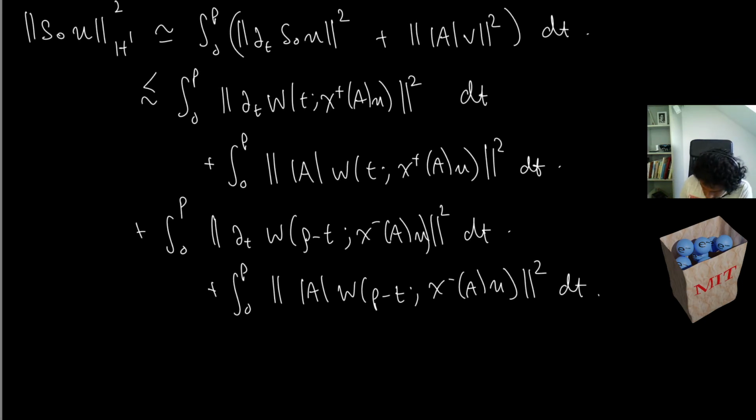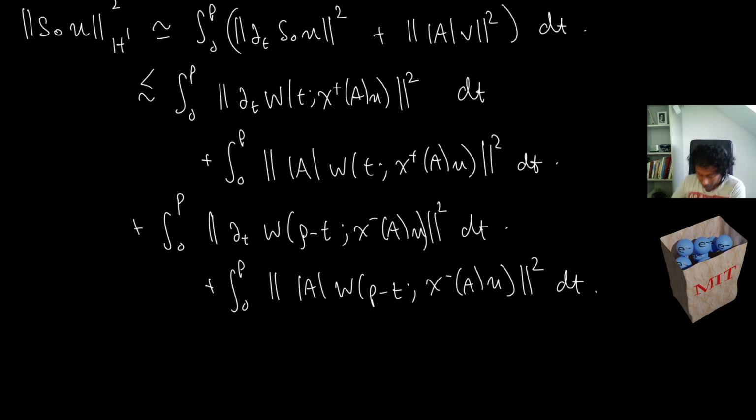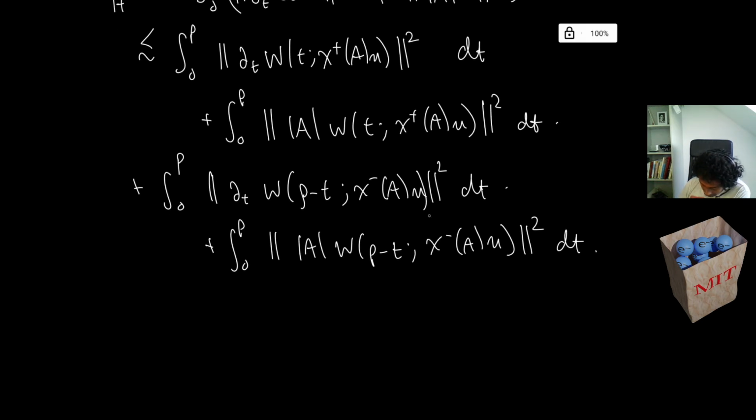Okay, so what does maximal regularity tell us, right? So maximal regularity now tells us that the partial T of this omega, so remember the chi plus is the initial value for this inhomogeneous problem, right? So the maximal regularity estimate precisely tells us that this first term is bounded by chi plus of A of U. And similarly for the second term, right?